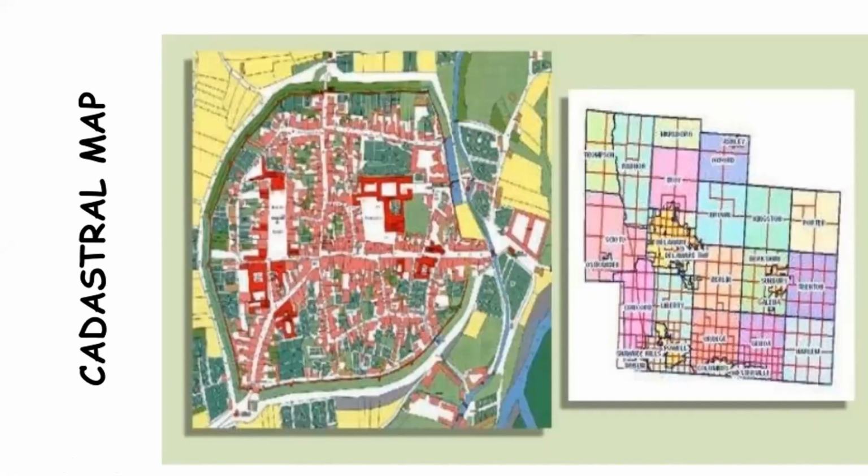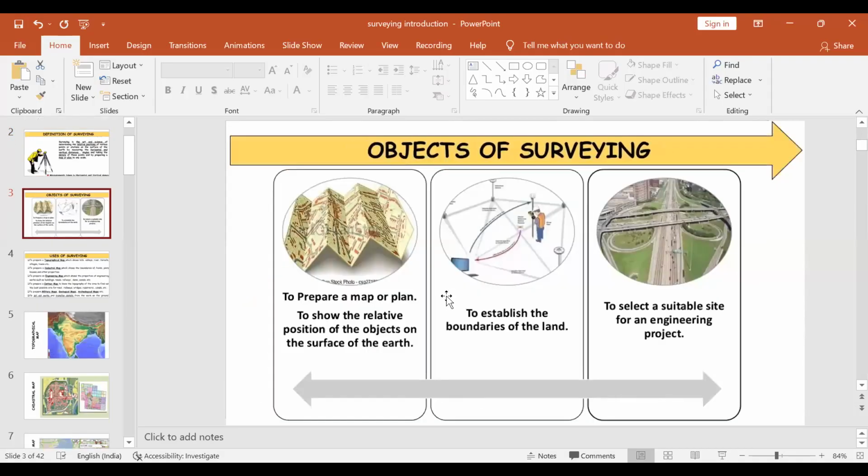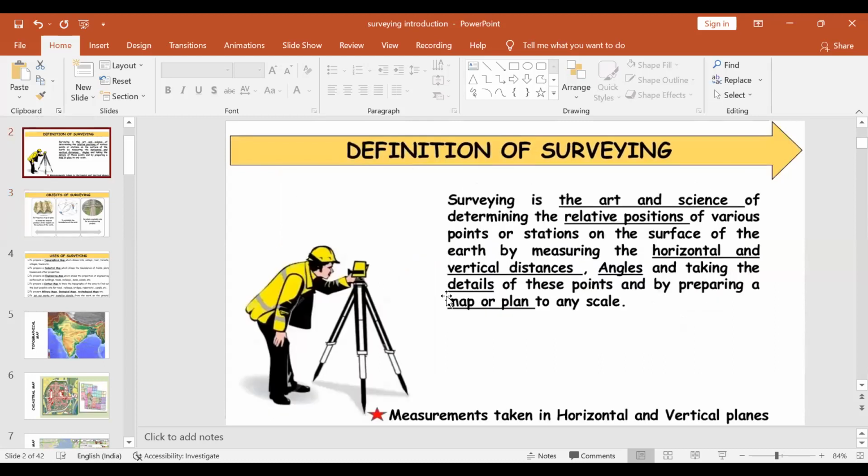So what is meant by scales? We'll discuss it later. Now, what are the objectives of surveying? We know what is meant by surveying. The first one is that surveying is the art and science of determining the relative positions of various points. That means, for example, we all know that we are using GPS in our mobile or other instruments nowadays.